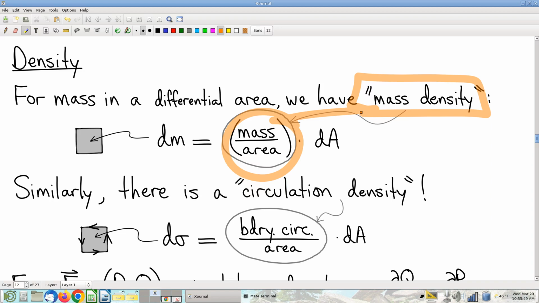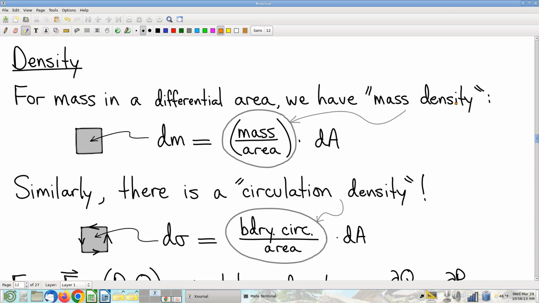And again, we've done this in different ways, in different physical applications. Think of density in general to mean any accumulating quantity, whatever accumulating quantity you happen to be talking about, per unit size. In this case, area. So, accumulating quantity per unit size.